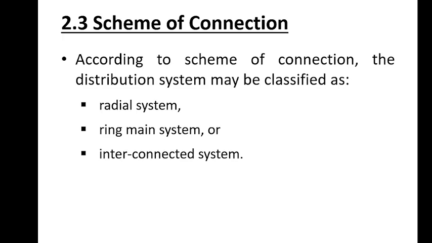For example, radial systems are simple and economical, while ring main and interconnected systems offer high reliability and better load sharing. Understanding these schemes is essential for designing efficient and reliable distribution networks. And you need to understand their advantages and disadvantages, so based on them, you can apply them to specific applications.